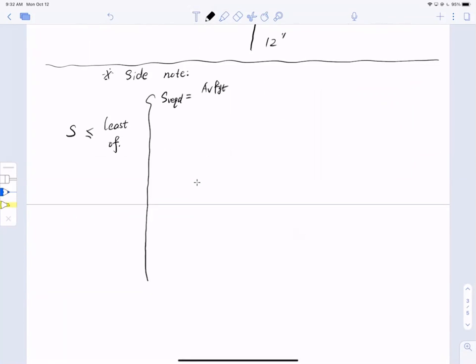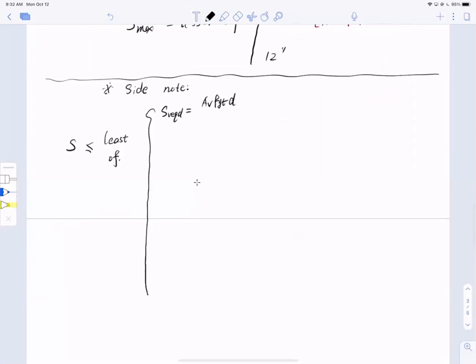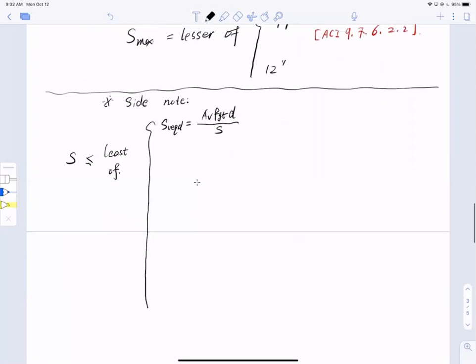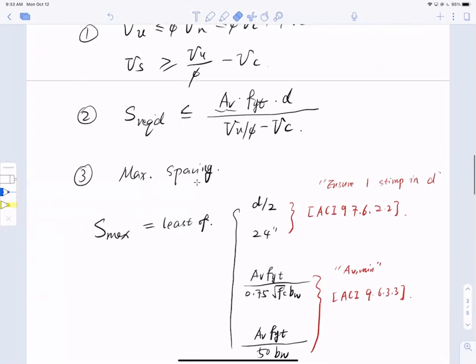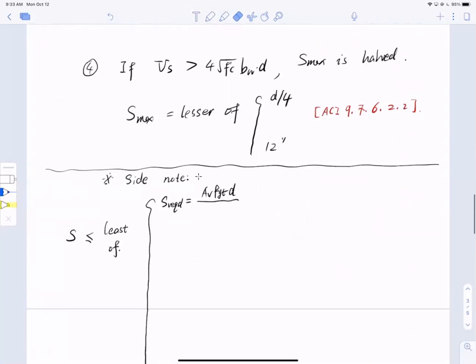Let me make sure I got it right. Oh, sorry, I think I got it wrong. Let me just copy it down here. Yes, VU divided by phi minus VC.